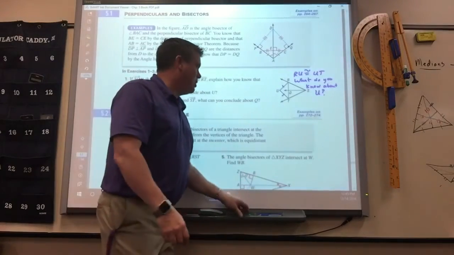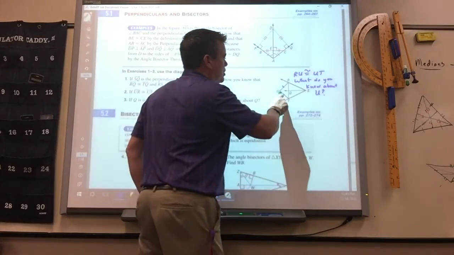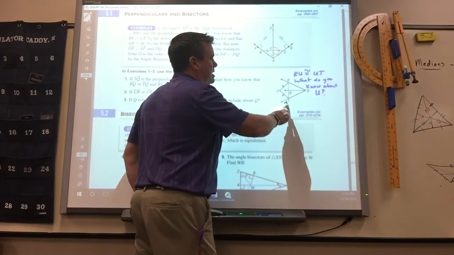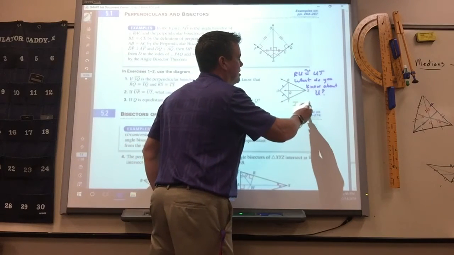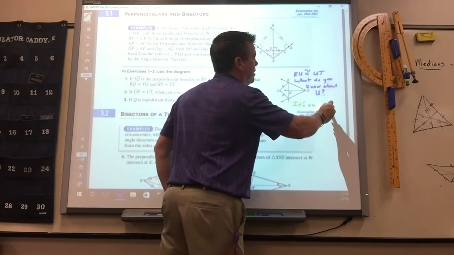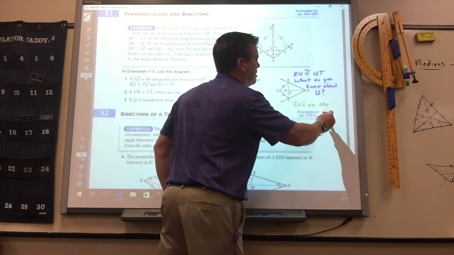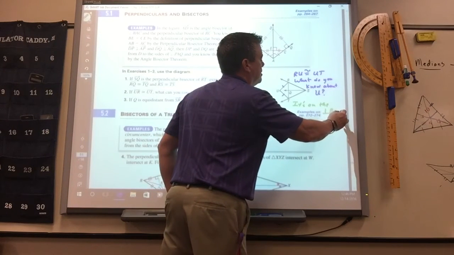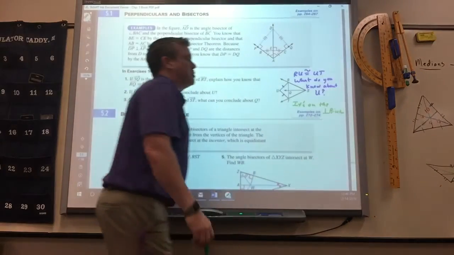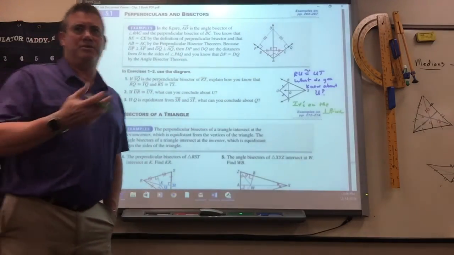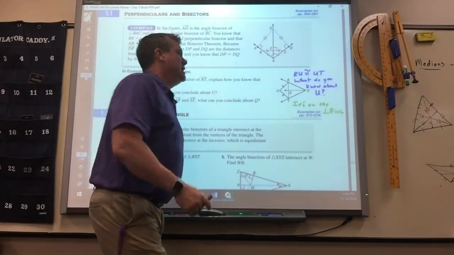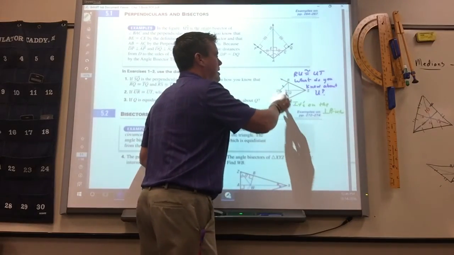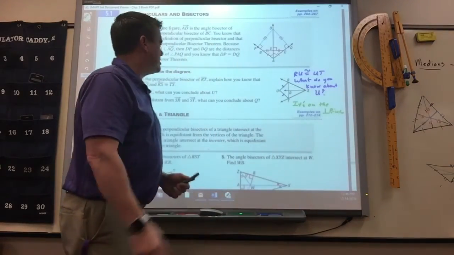Right, that's it. It's so easy, it's hard. Since U is the same distance from R and T, you would say it's on the perpendicular bisector. Make sure you put perpendicular bisector. Okay, you can't just put bisector because there could be an angle bisector. If a point is equidistant from each side, it's on the perpendicular bisector.